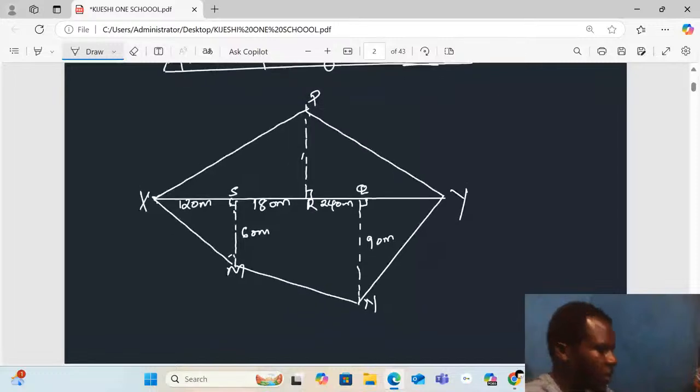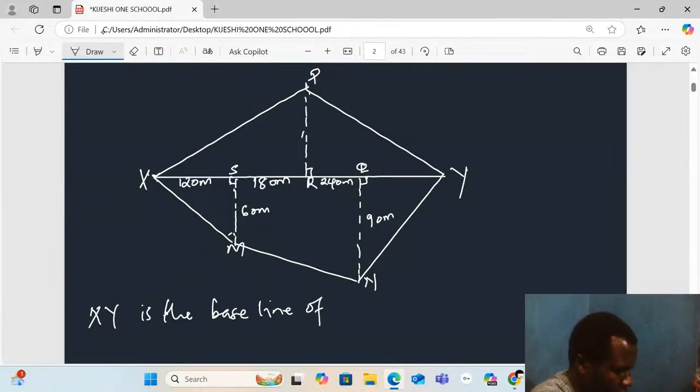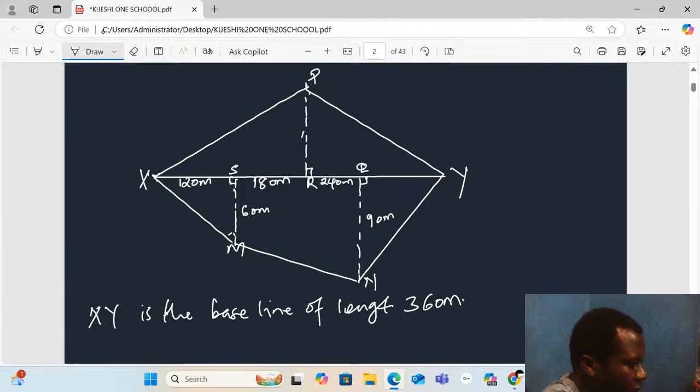Then they're saying XY is the baseline of length 360 meters. So from X to Y is 360 meters.